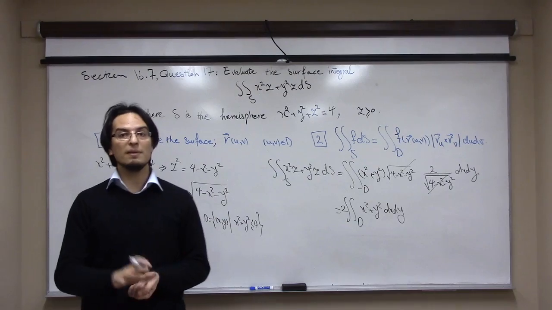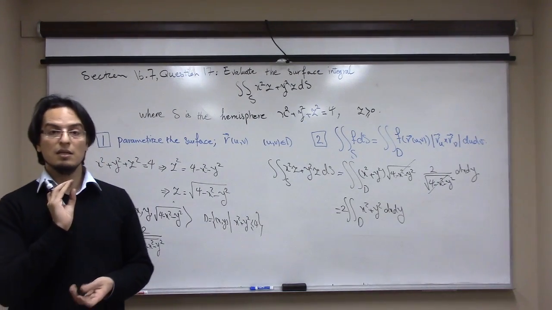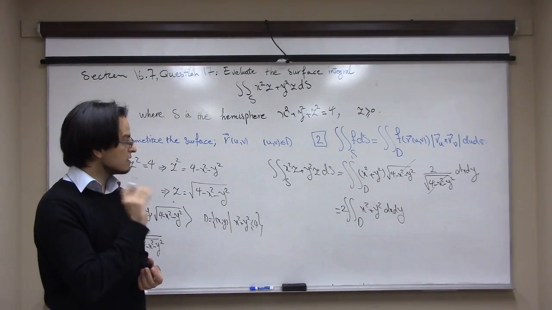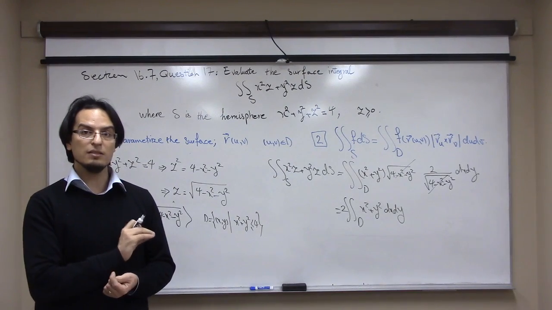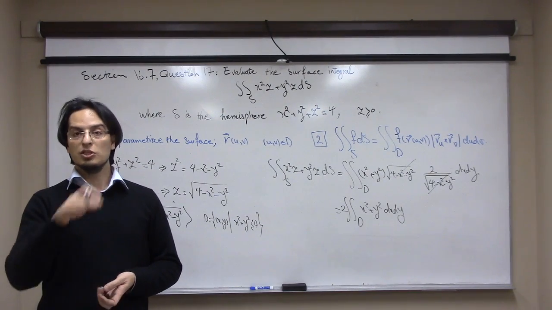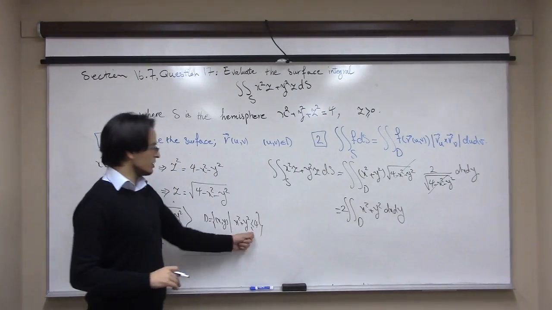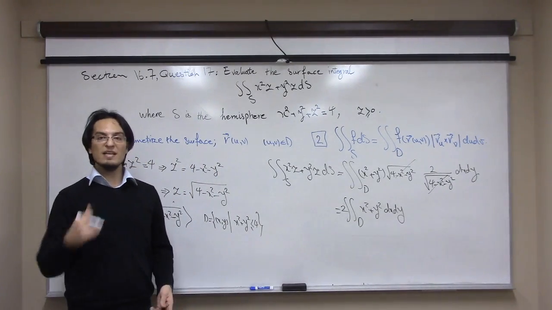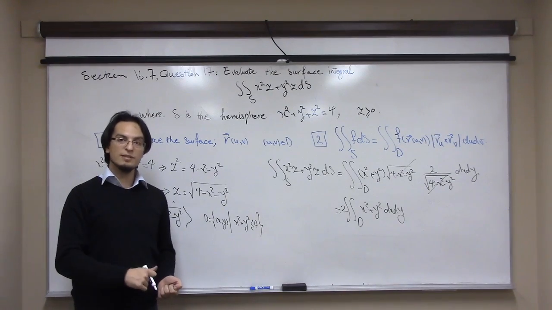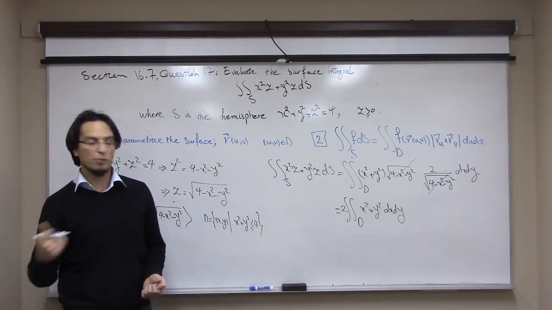Now I have a double integral. It is not an iterated integral yet. I have to change this to an iterated integral. But since my region is circular, it's a disk, the best thing to do is to change my variables from Cartesian to polar coordinates.